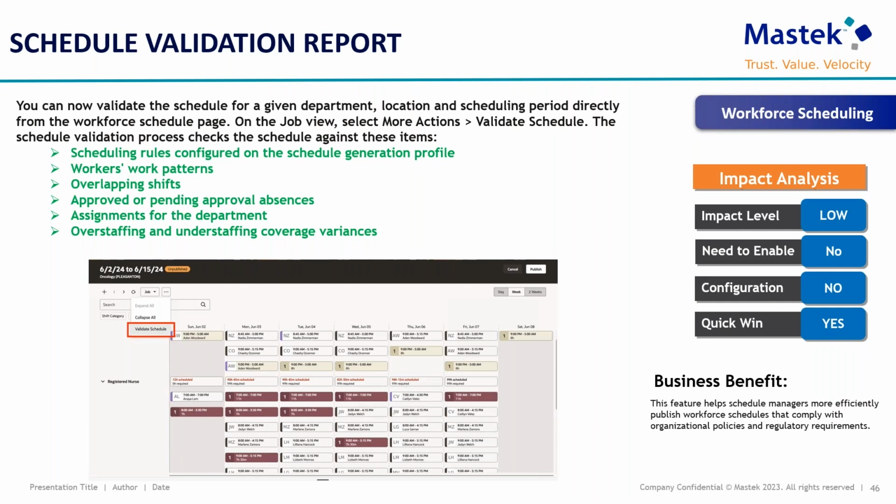If we go to the job view, select more actions and validate schedule, the schedule validation process checks the schedule against these items: scheduling rules configured on the schedule profile, workers' work pattern, overlapping shifts, approved or pending approval assignments for the department, and overstaffing and understaffing coverage variances. All of these validations will be checked while we run this process.